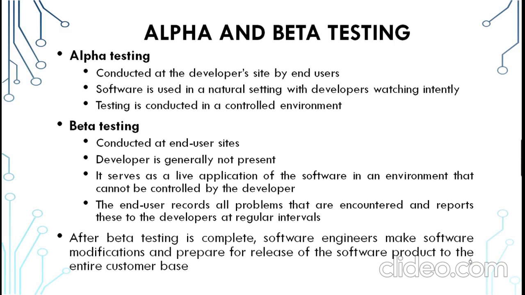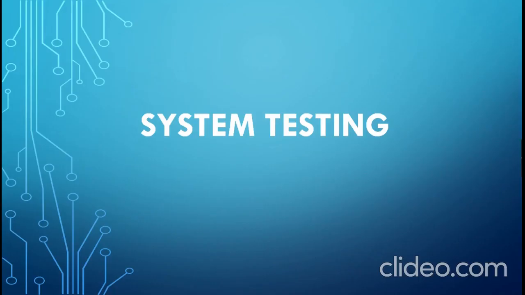Alpha testing is performed at the developer's site where the software is developed, whereas beta testing is performed by the end users of the product. After beta testing is complete, the software engineer makes the software modifications and prepares for a release of the software product to the entire customer base.